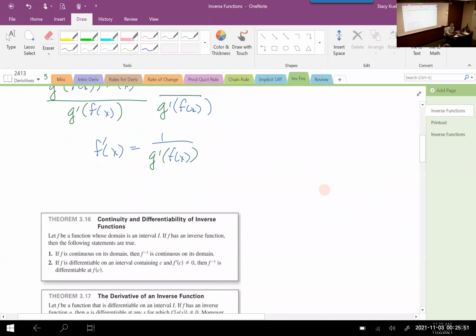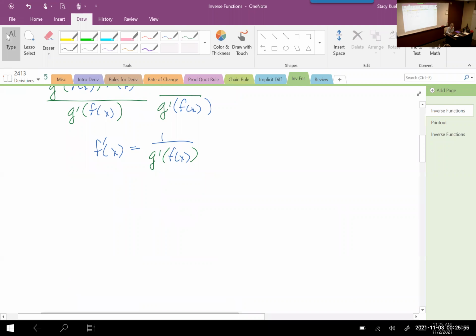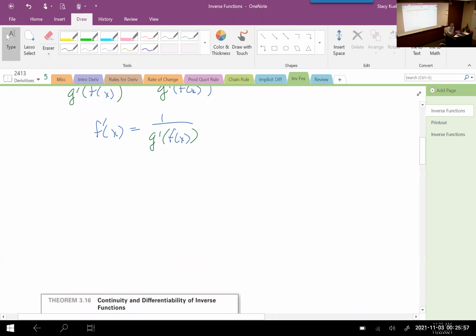And let's practice, because I think you have a problem like this in your homework. Let's let f of x be equal to e to the x.